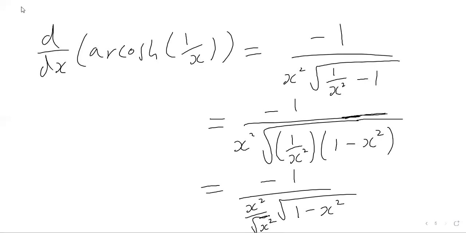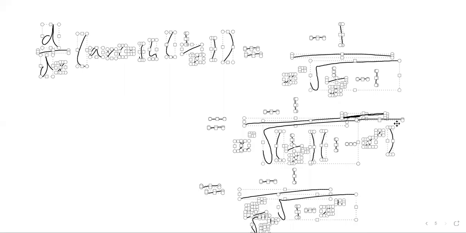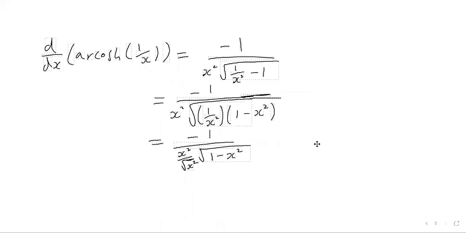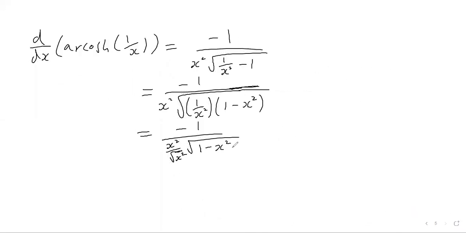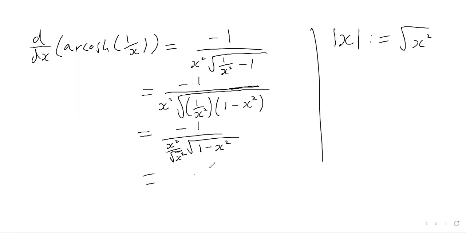Okay, so we get that result there. Again, I'm just going to make the writing a little bit smaller. Okay, and now then, we know for a fact that the modulus of x is defined as the square root of x squared. So this down here is just going to be negative 1 over x squared over the modulus of x, multiplied by the square root of 1 minus x squared.